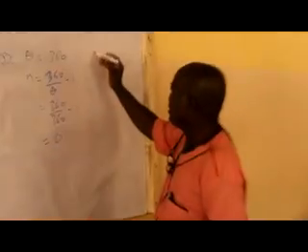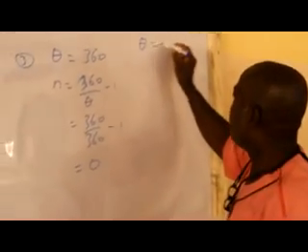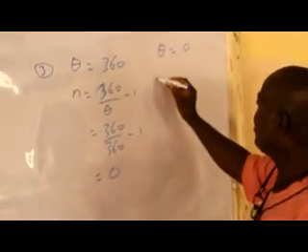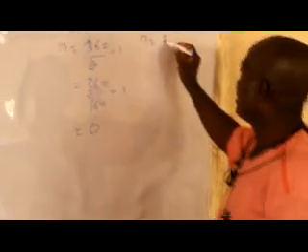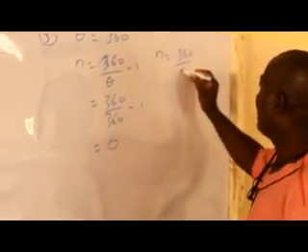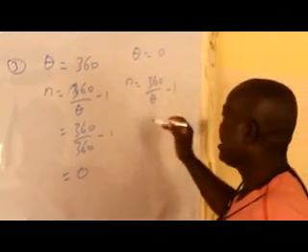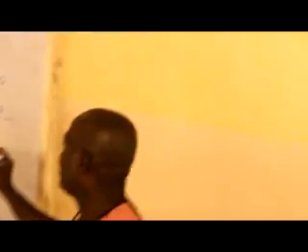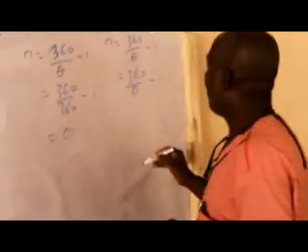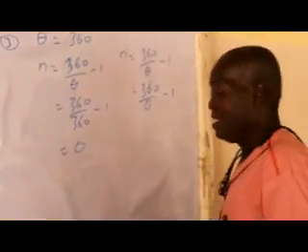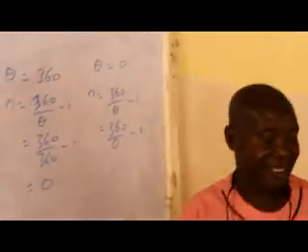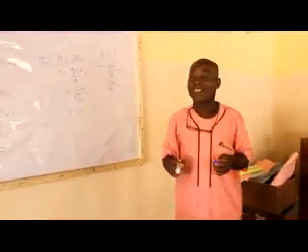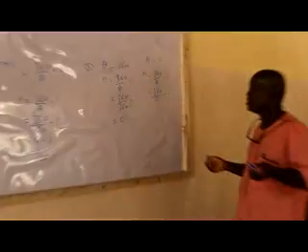Finally, number 4: if theta is equal to 0, the same procedure, n is equal to 360 over theta minus 1. You see, every time I write the formula first, which is equal to 360 over 0 minus 1. Then how do you do this? In this case, some will tell you it's 0. It's not 0.